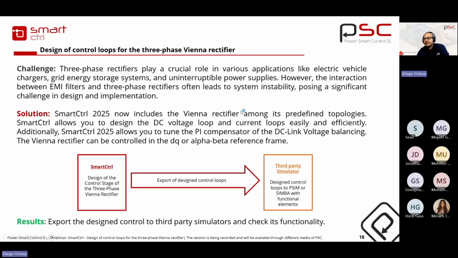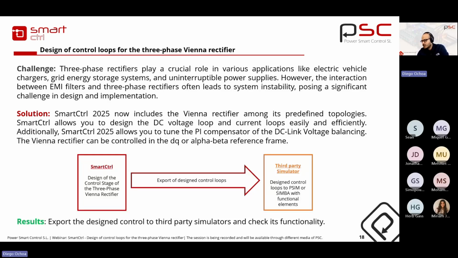The three-phase Vienna rectifier plays a crucial role in various applications like electric vehicle chargers and grid energy storage, for example, and some other applications. However, the interaction between the EMI filter and the three-phase rectifier often leads to system instability, posing a significant challenge in design and implementation.